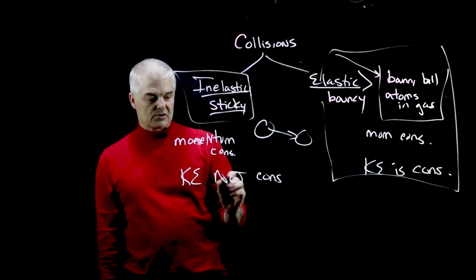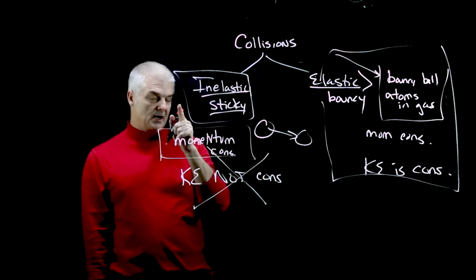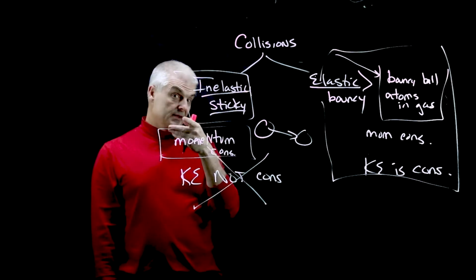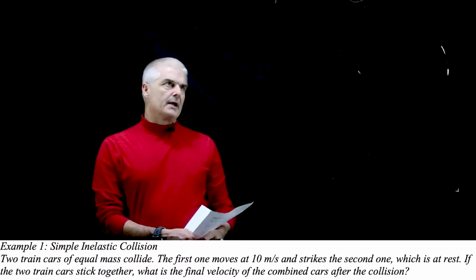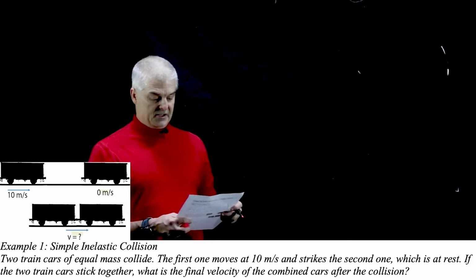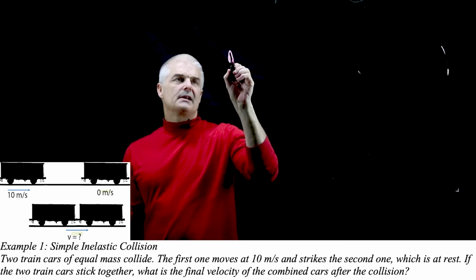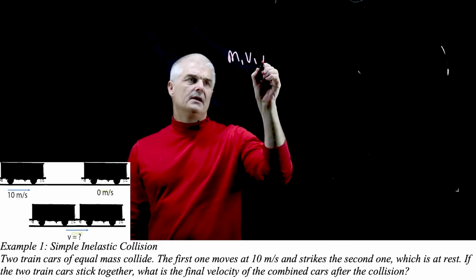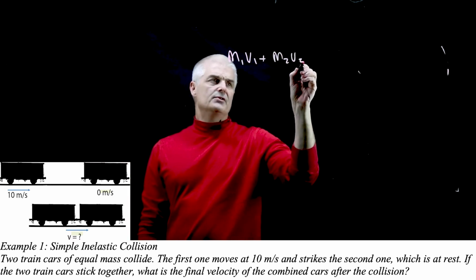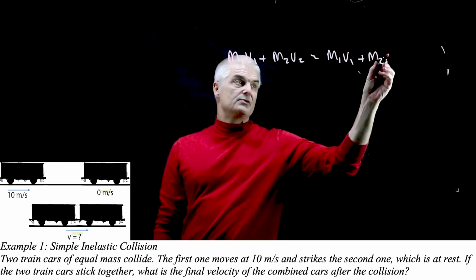But let's talk about these. So we don't need to worry about kinetic energy here. It's all just a momentum problem. Let's flick to the examples. So here we have the train example. We've got two trains, and when they hit each other, they stick together, and they have the same mass. So this is going to be M1V1 plus M2V2 equals M1V1 plus M2V2.